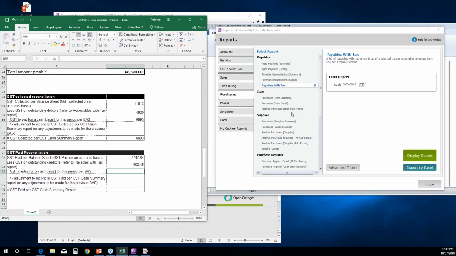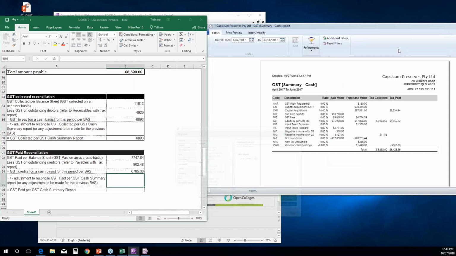Okay, GST outstanding is done. So how much does this have to be? 6,785.36. So let's go back to this. Ooh, it is different. But again, if we have a look at the GST cash summary, it includes voluntary withholding. That is not GST, that is a tax. And we also included that in W2, not in 1B, which is GST.